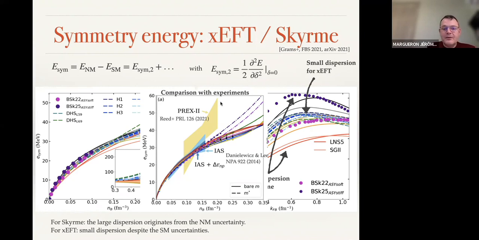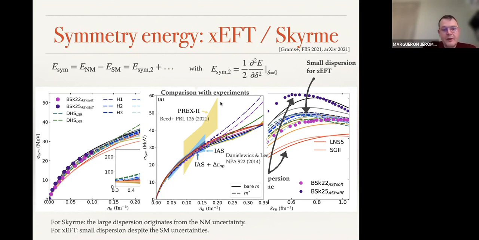And a recent observation by the PREX-2 team has pointed toward a very large symmetry energy as well as slope of the symmetry energy, that we represent here in yellow. It is pretty much in tension with all the models that we have investigated so far. So it is interesting to know that.